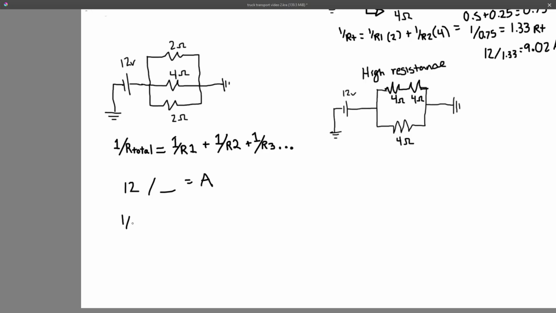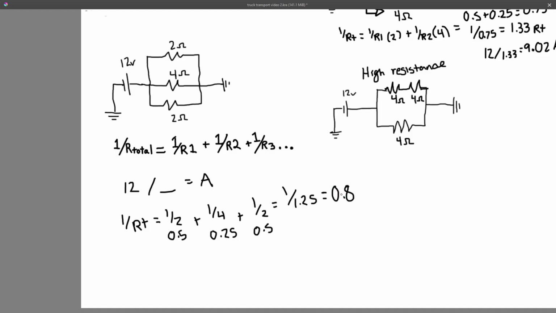So we would take 1 over RT is equal to 1 over 2, which is 0.5, plus 1 over 4, which is 0.25, plus 1 over 2 again, which is 0.5. 0.5 plus 0.25 plus 0.5 equals 1.25. 1 divided by 1.25 is equal to 0.8 ohms.